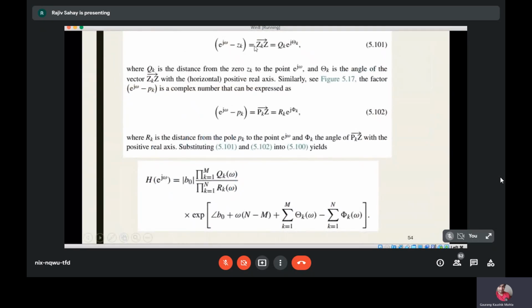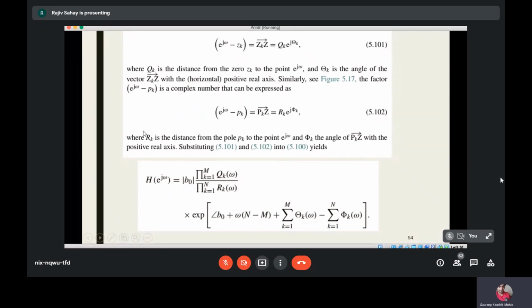So e to the power j omega minus Zk is equal to the ZkZ vector, that is capital Qk into e to the power j capital theta k. So capital Qk is the distance from the zero Zk to the point e to the power j omega, and capital theta k is the angle of the vector ZkZ with the horizontal positive real axis.